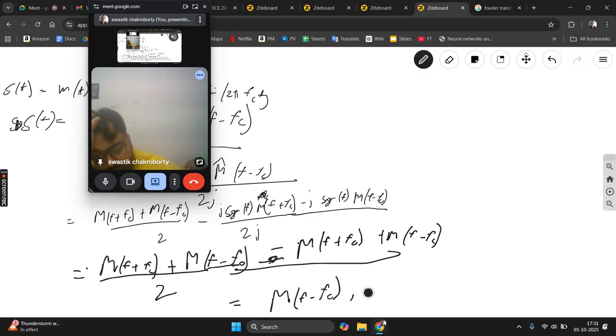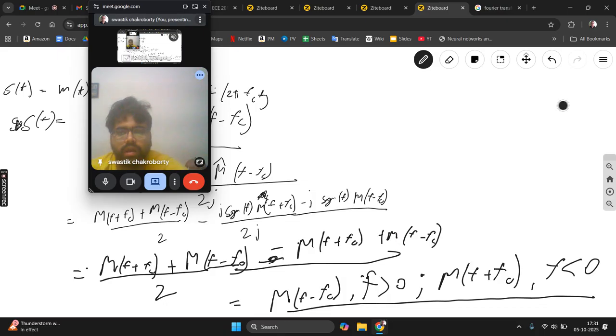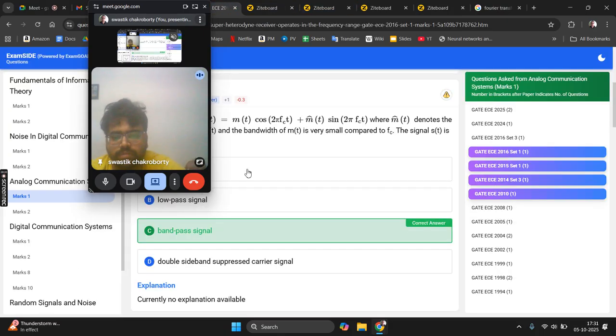Similarly, if f is less than 0, it will become M(f plus fc). So the Fourier transform is either M(f minus fc) or M(f plus fc).